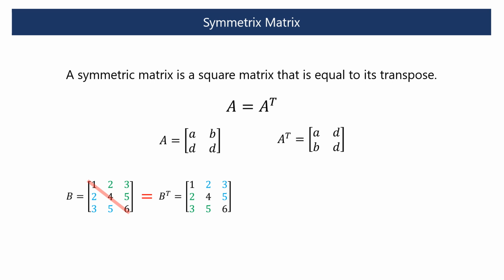For example, this matrix B is a symmetric matrix. As we can see, it is equal to its transpose. On the other hand, this matrix C is not a symmetric matrix because its transpose is not equal to the original.